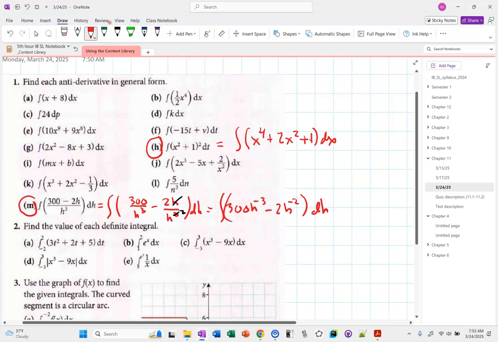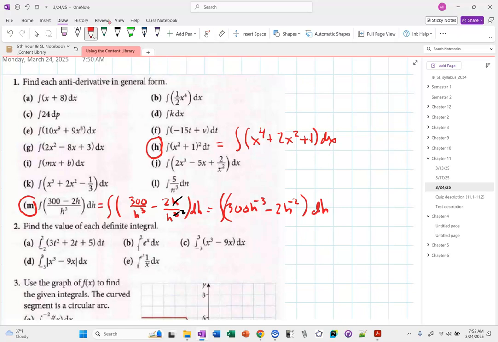Should be easy from there, right? Notice that I haven't completed any of these though, right? Okay. What does your completed answer need to make sure it has? Plus C at the end. You guys feel good on this kind of problem? Okay.